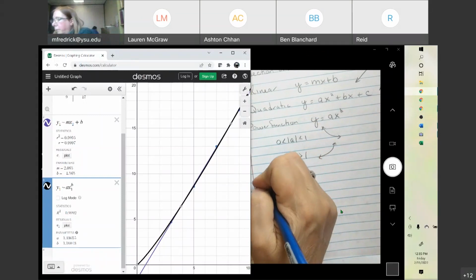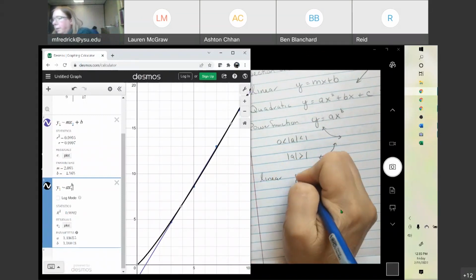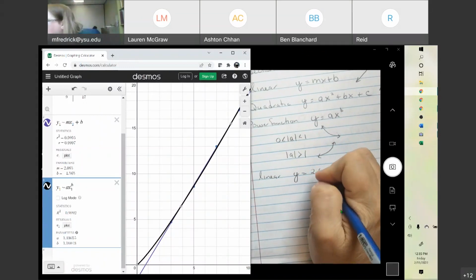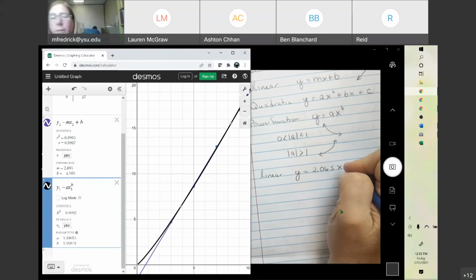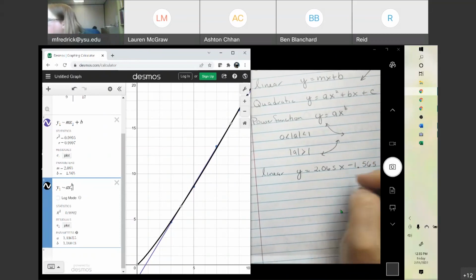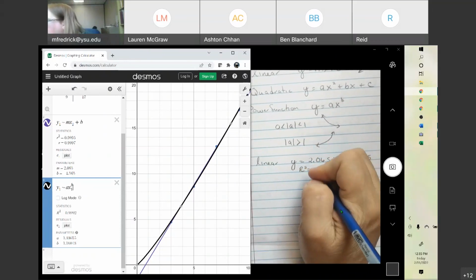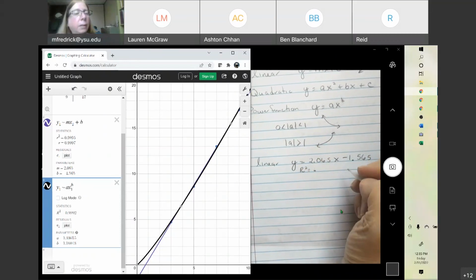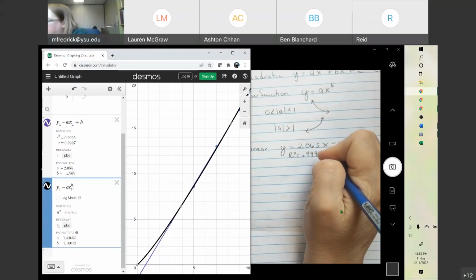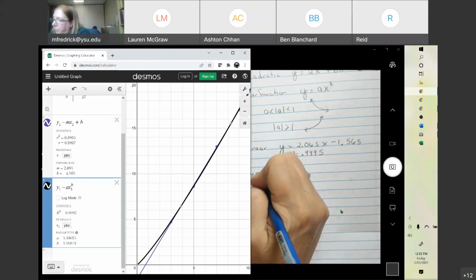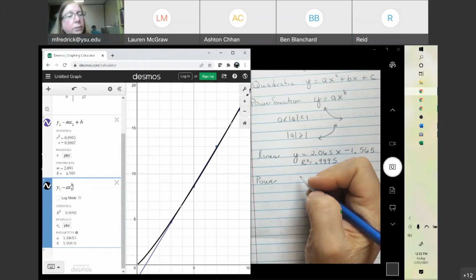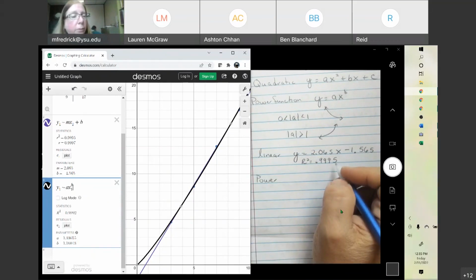So for our linear, y equals 2.065x minus 1.565. And r squared, then the power function a, and they show you, well, we typed the equation, so you know where to put these.